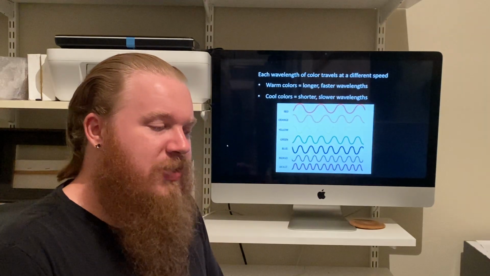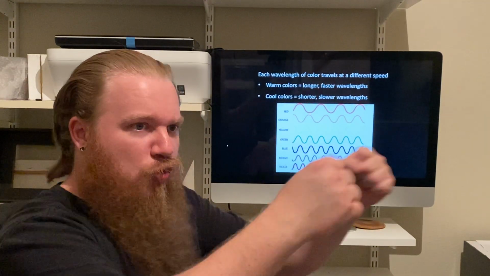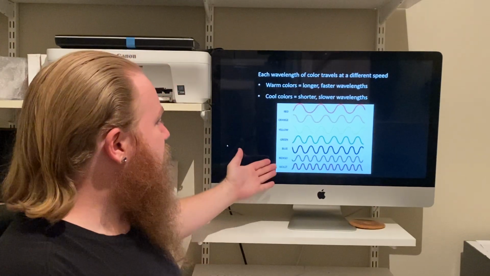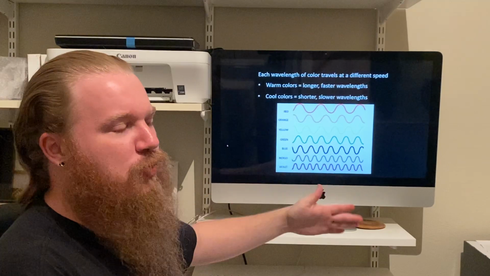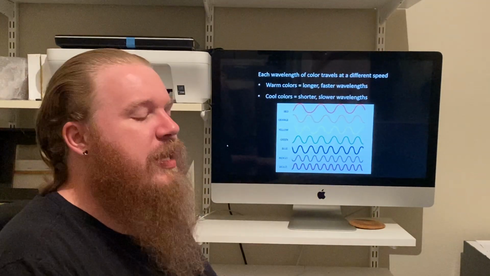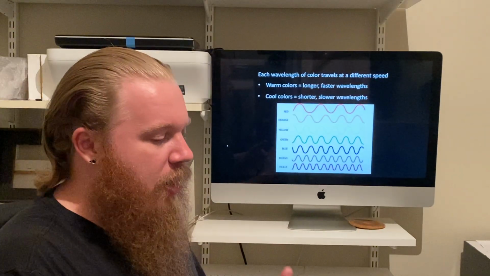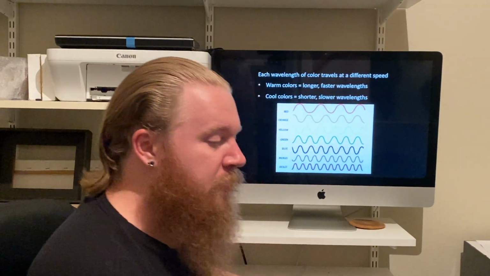So warm colors have longer, faster wavelengths. They reach us quicker. They're more energetic. Whereas cool colors have shorter, slower wavelengths. So they tend to reach us much later. They're much more somber, much more serene, things like that. So it can have a very dramatic kind of effect on us.